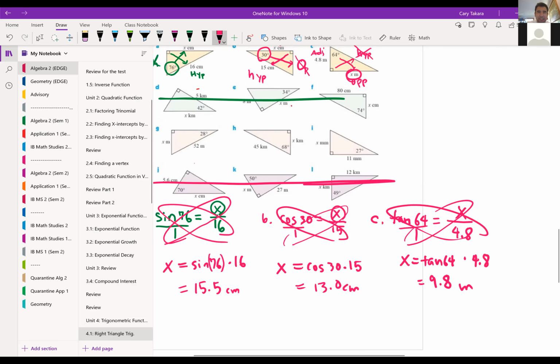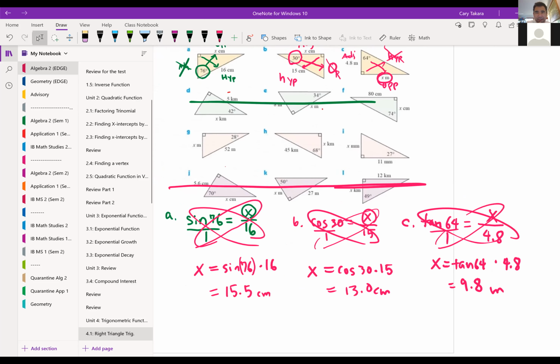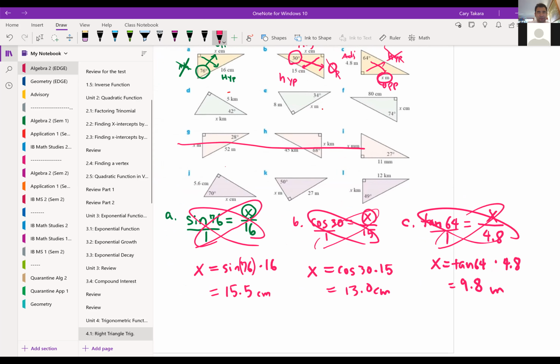We should have done D, E, and F. If you have already done G, H, and I, don't worry about this, but I want to do D, E, and F actually. If you have done G, H, and I, you're done, or maybe you can go along with me.